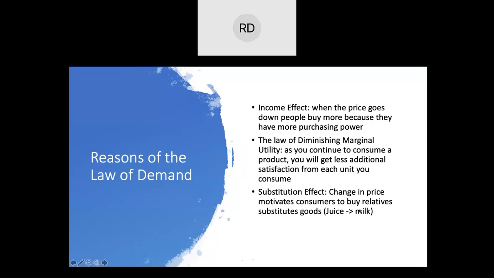Now, the second reason behind the law of demand is the law of diminishing marginal utility. That law says as you continue to consume a product, you get less additional satisfaction from each unit you consume. And an example is this.